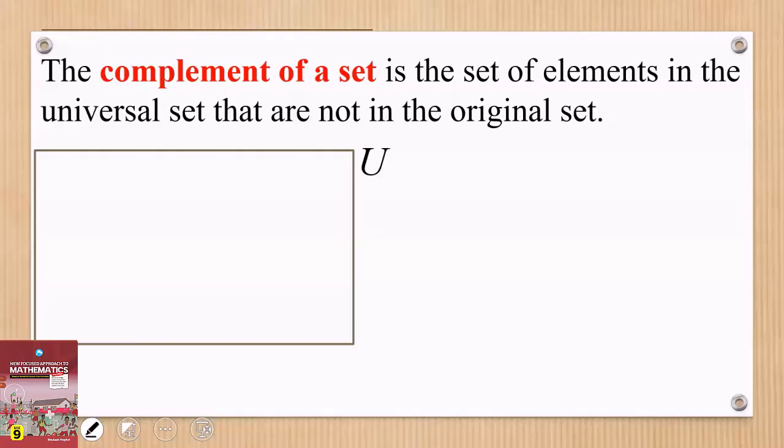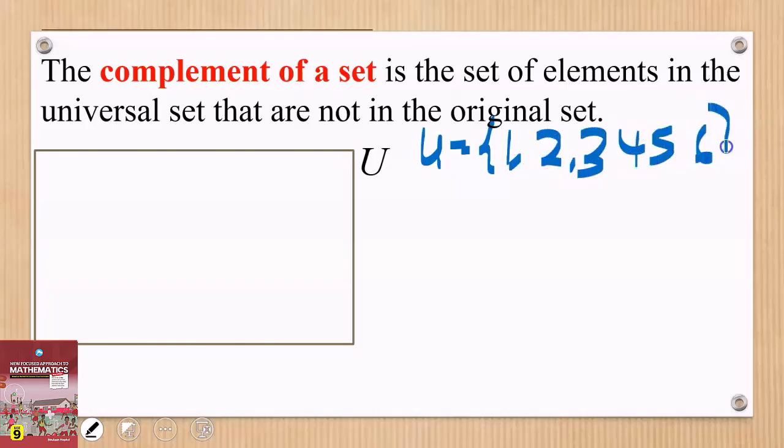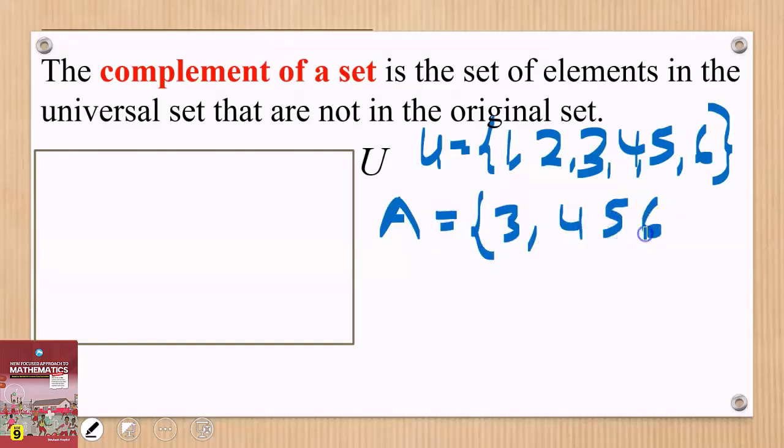For example, if I define the universal set to be a set of numbers 1, 2, 3, 4, 5, 6. Let's end here. Okay, this is the universal set. And I define a set called set A, and set A has elements 3, 4, 5, 6.